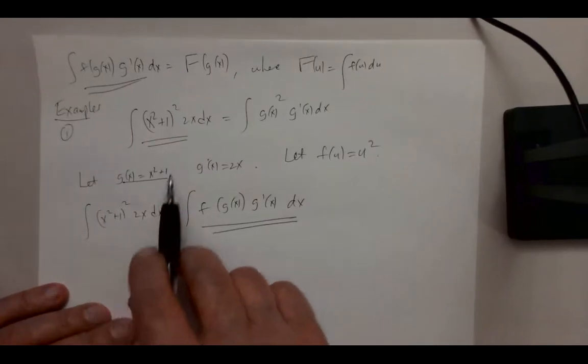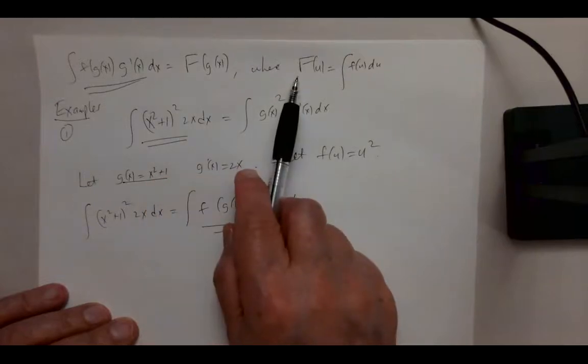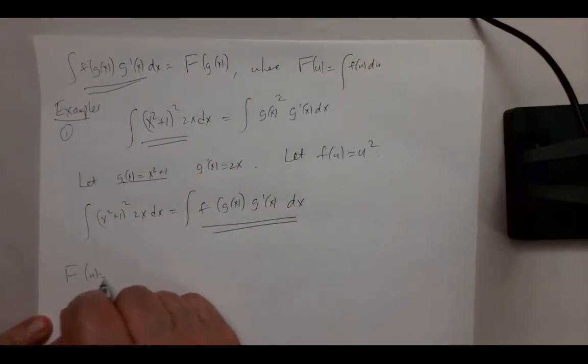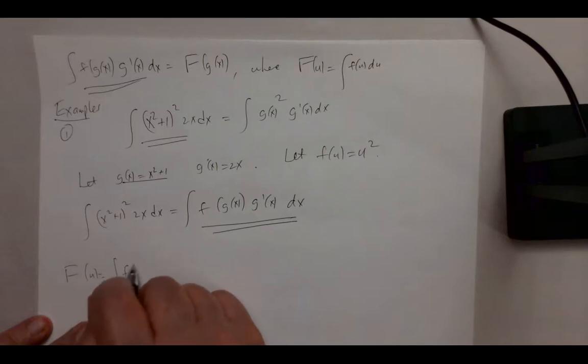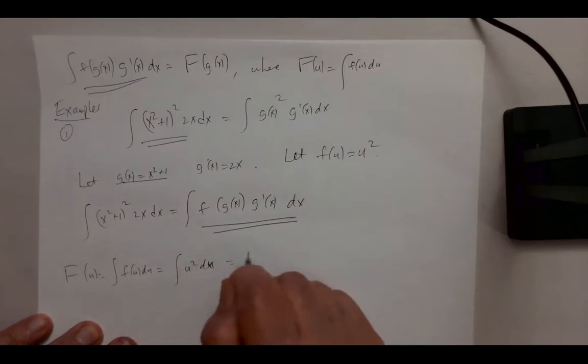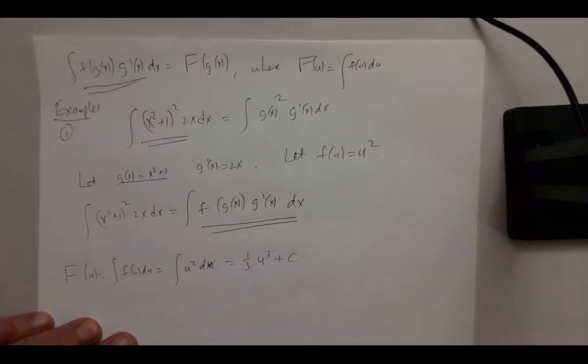To know what the integral is, we have to find the function capital F. Capital F of u is the antiderivative of little f of u du. f of u is u squared, and the antiderivative of u squared is one third u cubed plus a constant.